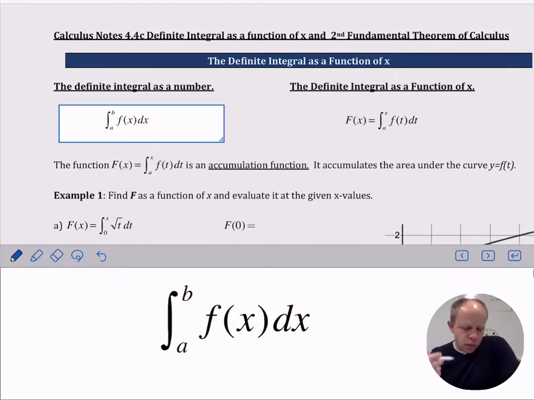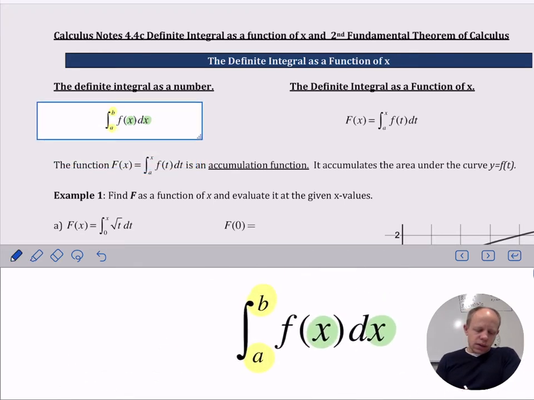We want to talk about the definite integral as a number. In this case, if you look at the a and the b here, we have the definite integral from a to b of a function of x with respect to x. So the a and the b are actually constants, and they're x values.